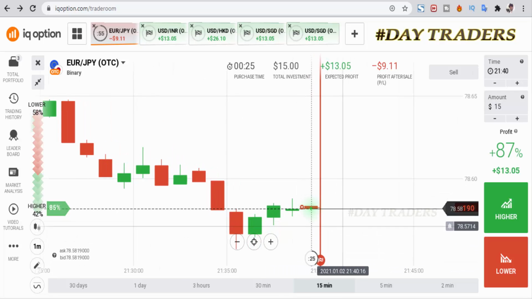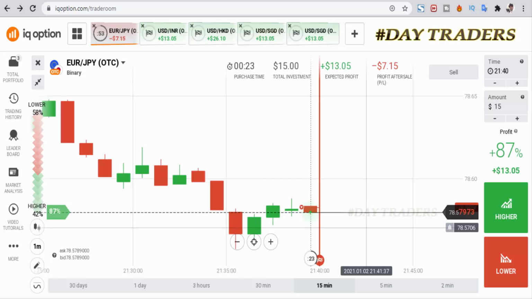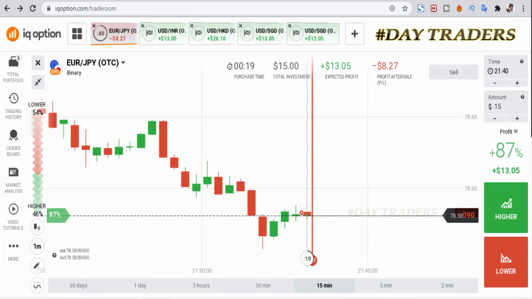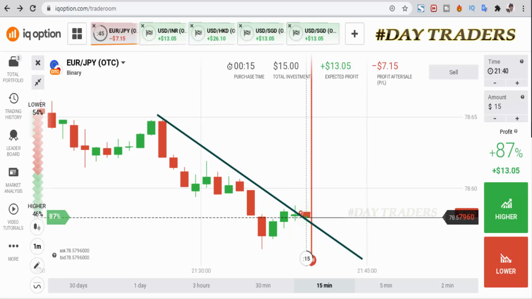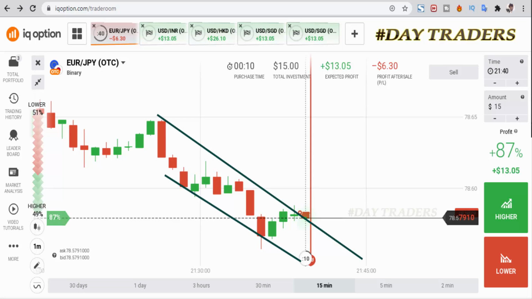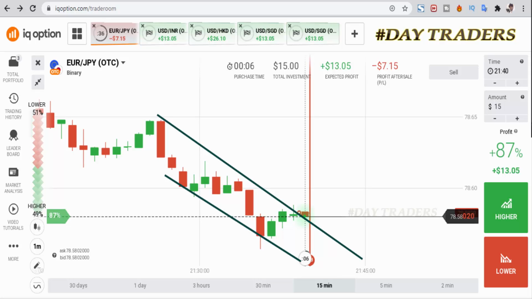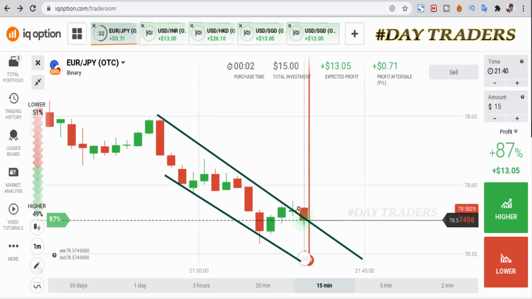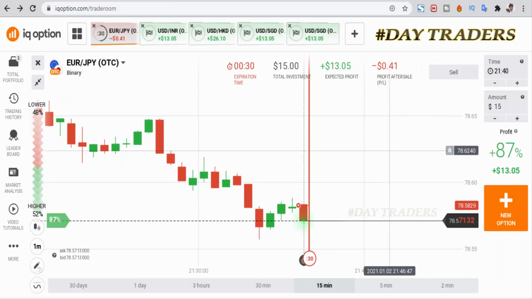Again this candle opens at a gap up, but the major trend is a downtrend market, and at the sellers area it makes a doji candle, you can see. So that's the reason I place a seller option. Okay, it's going down.